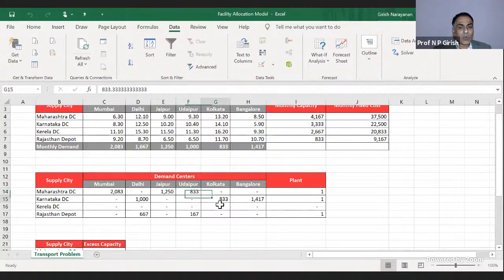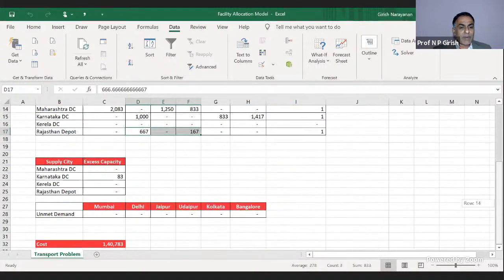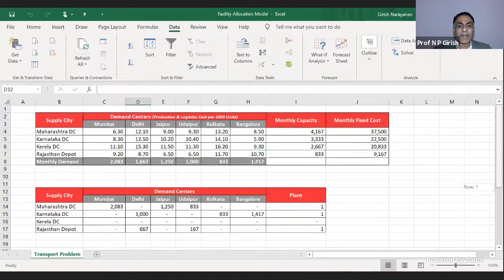Karnataka DC supplying to Kolkata and Bangalore, 3250 fully, but there's some excess capacity, doesn't matter. So see, there's an excess capacity here. And Rajasthan, we are talking about supply to Delhi and Udaipur, which means that Udaipur gets supply from Maha and Rajasthan. Delhi gets from Karnataka and Rajasthan. Okay. Unmet demand is okay. Cost is 140,783.